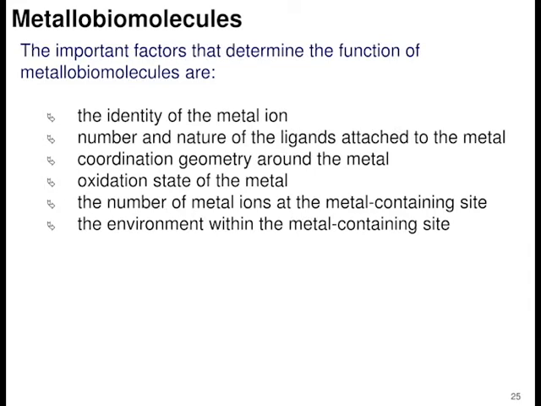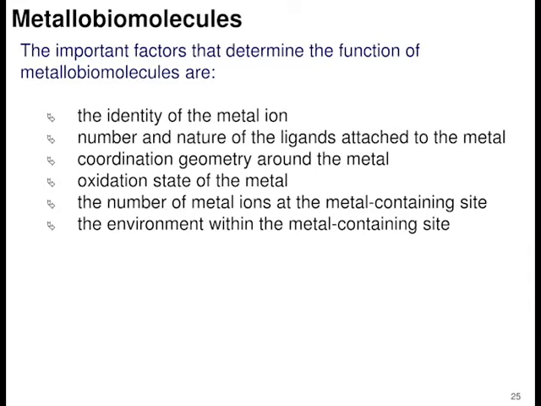The first thing you must tell is the identity of the metal ion. So let's say this is oxyhemoglobin. Oxy because the active site is bound to an oxygen molecule. So identity of metal ion: iron. Then the number and nature of ligands attached to the metal.